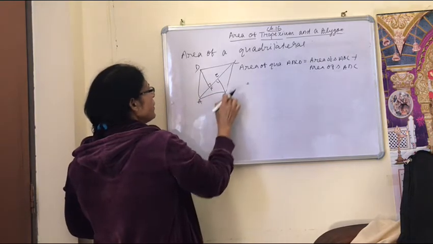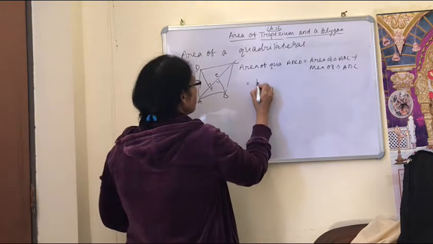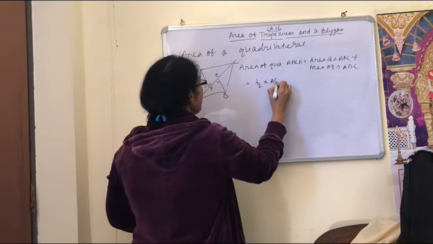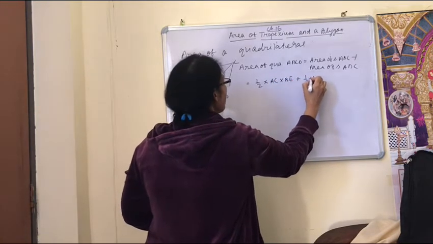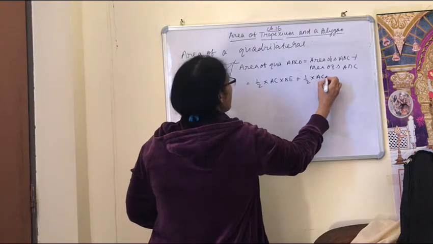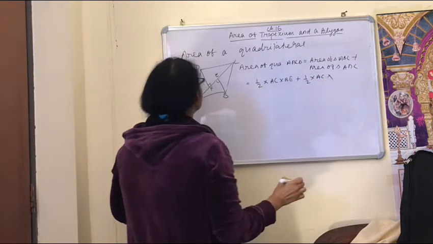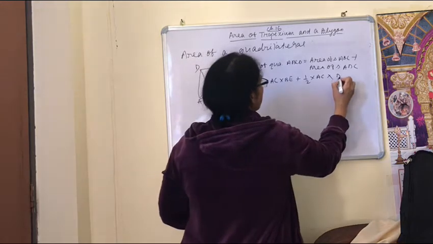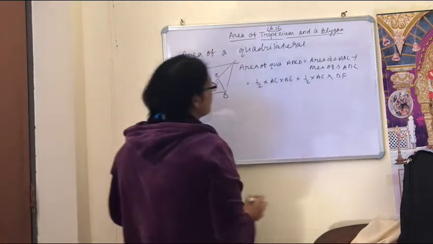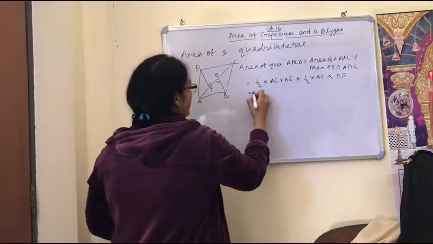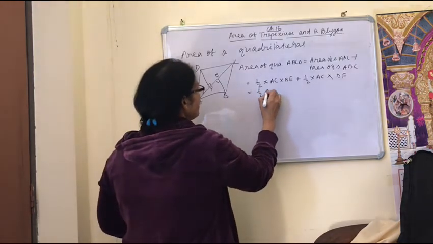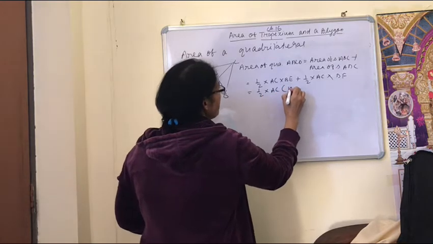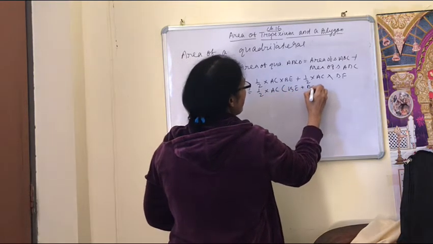So ABC is your half into AC into BE plus half into AC into DF. You can take half into AC, you can take BE plus DF.